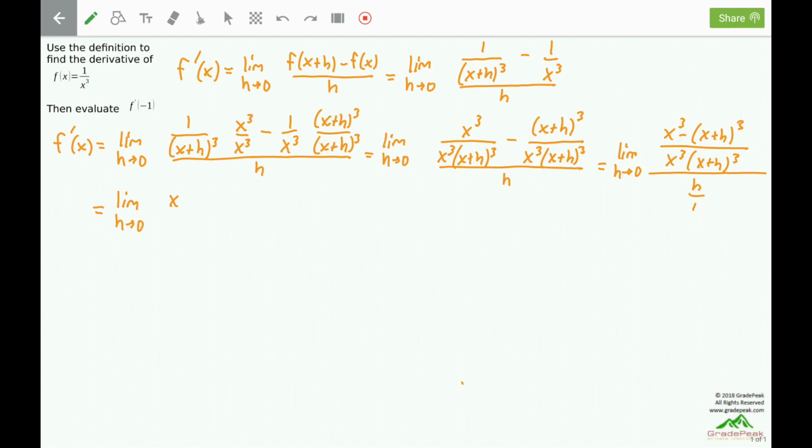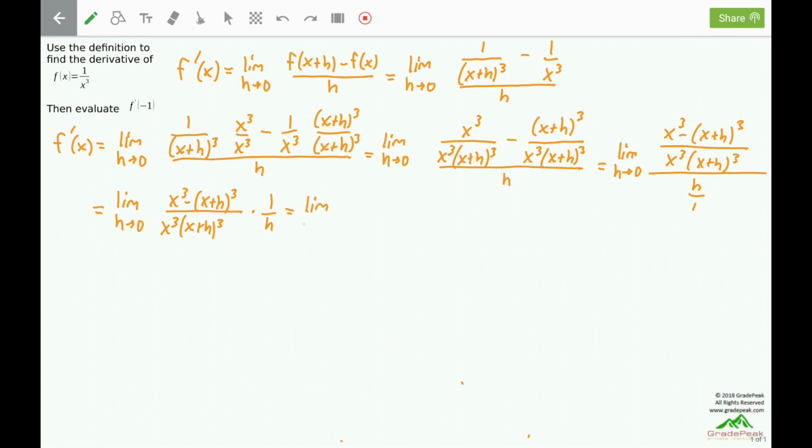So I'm going to go and reciprocate and multiply. So I will have x cubed minus x plus h cubed, divided by x cubed times x plus h cubed, and all this times 1 over h.